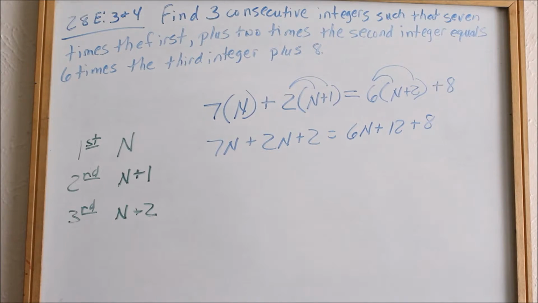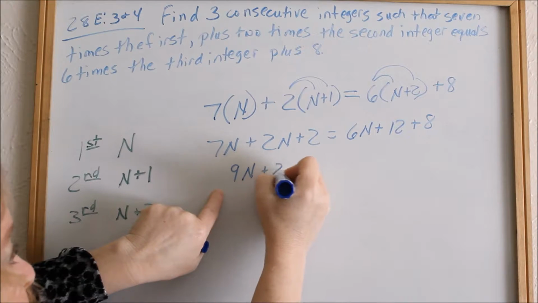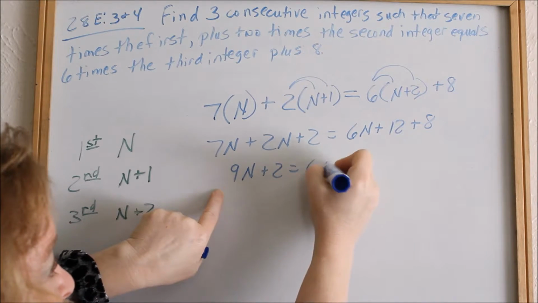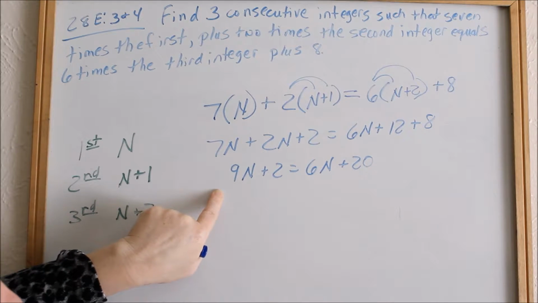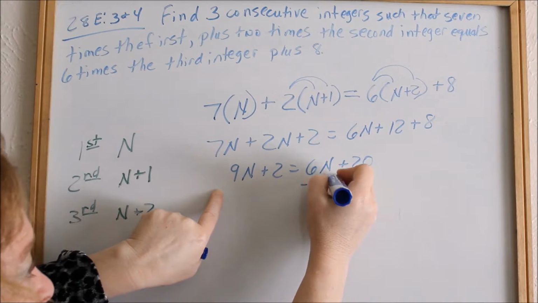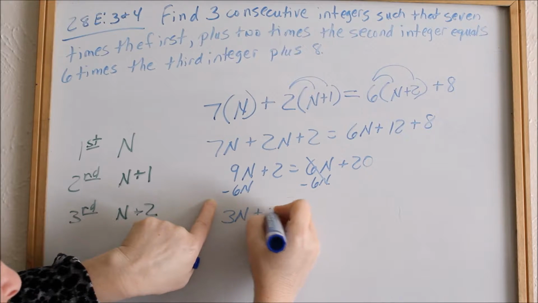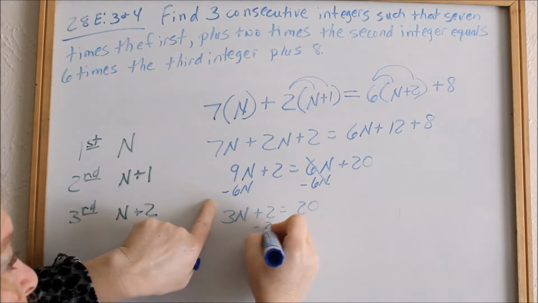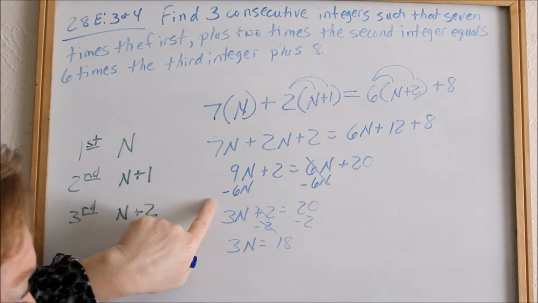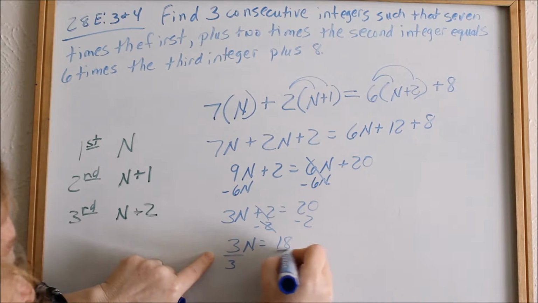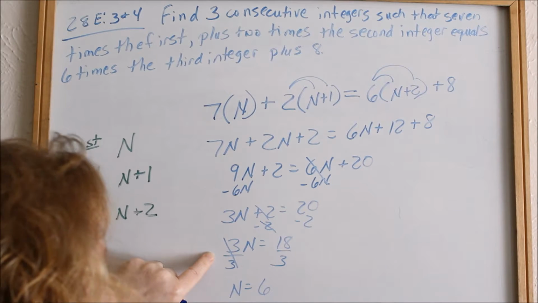Now it's a matter of combining n's and whole numbers. 7n plus 2n is 9n. On the right, 6n, and combine my whole numbers, plus 20. Get your n's on one side, numbers on the other. Subtract 6n from both sides: 3n plus 2 equals 20. Subtract 2 from both sides: 3n equals 18. Divide both sides by 3: n equals 6. Remember, we should come up with an integer, a whole number. It can be negative or positive.